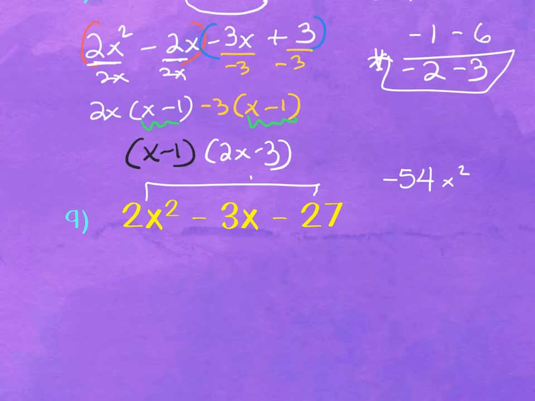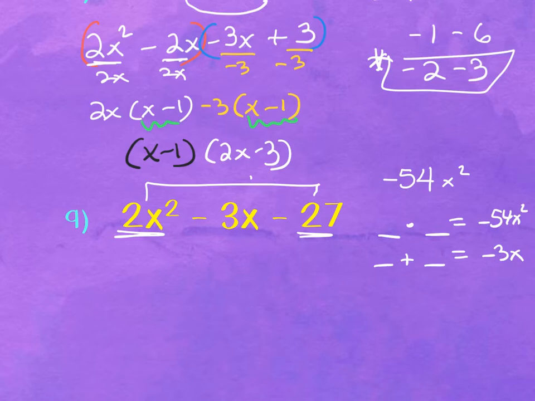How do I get it? Yeah. First times last. Oh, okay. So you do that every time? Yes. Okay. So now, multiplying two numbers, and I'm looking to get negative 54x squared. I want to add two numbers, and I'm looking for negative 3x.